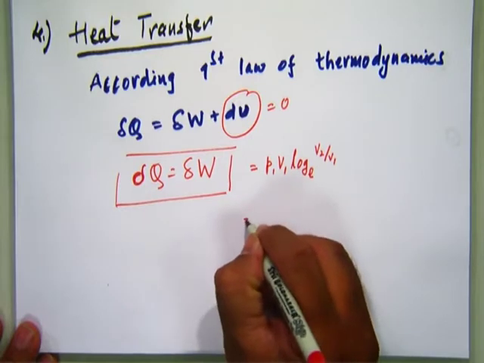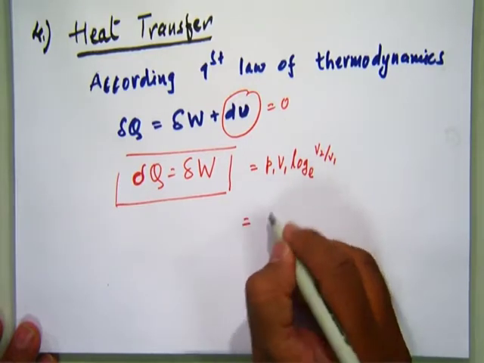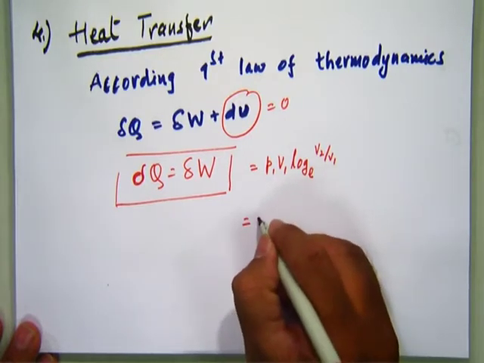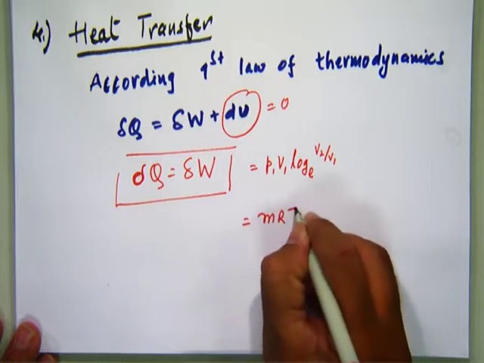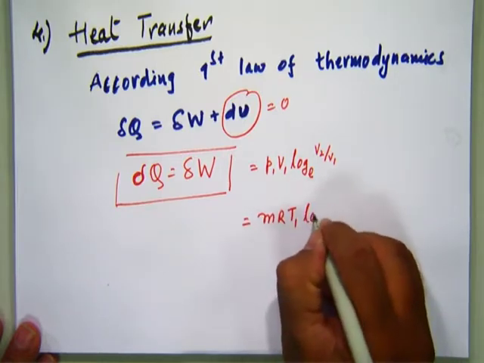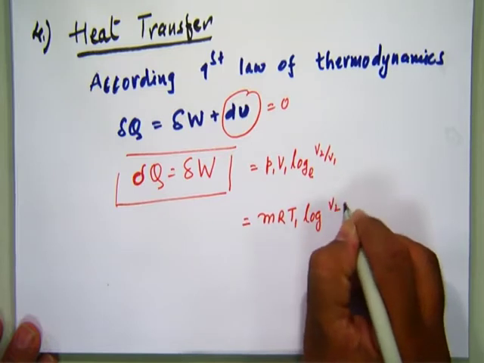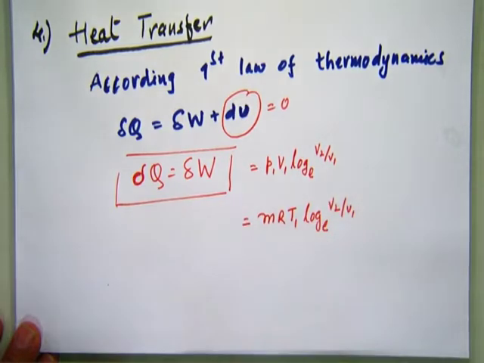You can also write, instead of P1 V1, MR T1 log V2 upon V1 to the base e.